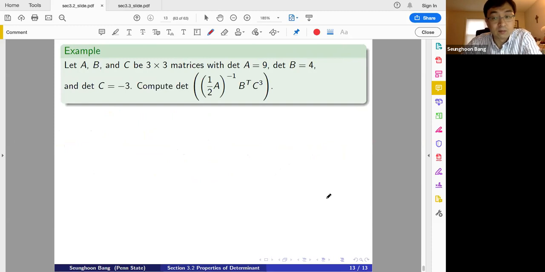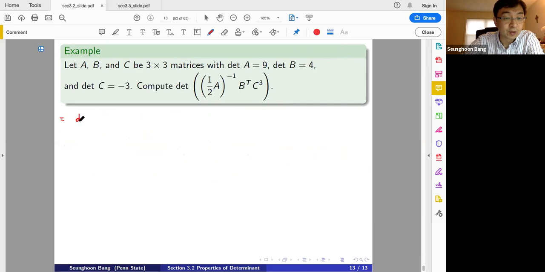The last problem: let A, B, and C be 3 by 3 matrices with the determinant of A equals 9, the determinant of B equals 4, and the determinant of C equals negative 3. Compute the determinant of this expression.